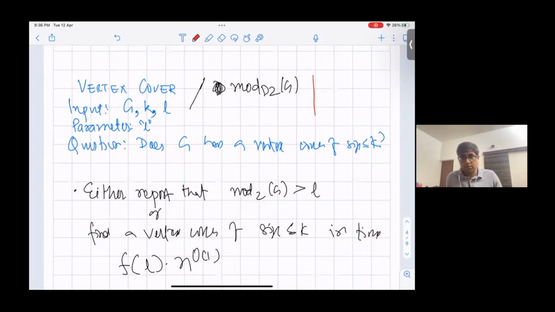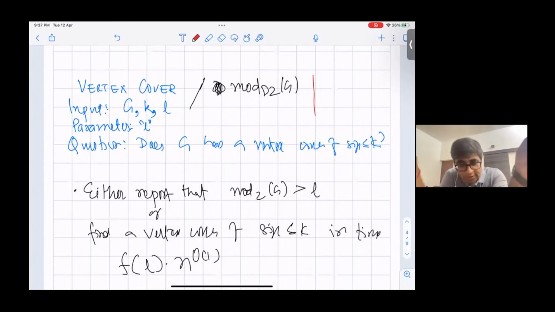You get my point. All I'm telling you is that if it is at most L, I will definitely give you a solution of size at most K if it exists. But if it is not, sometimes I will give you a vertex cover of size at most K if it exists, or sometimes I can also tell you that, hey, you're cheating.